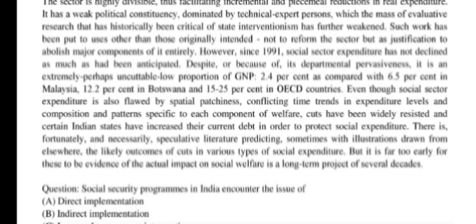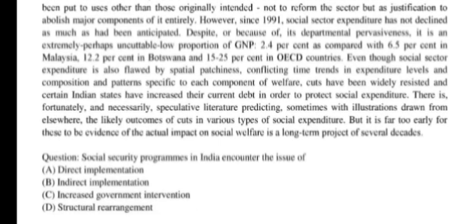However, since 1991, social sector expenditure has not declined as much as had been anticipated. Despite or because of its departmental pervasiveness, it is an extremely, perhaps uncuttable, low proportion of GNP, 2.4% as compared with 6.5% in Malaysia, 12.2% in Botswana, and 15 to 25% in OECD countries.